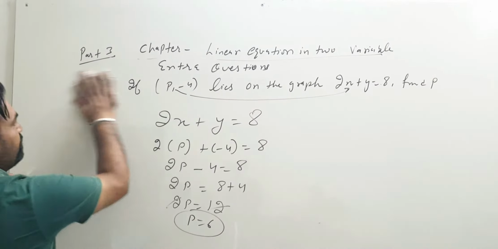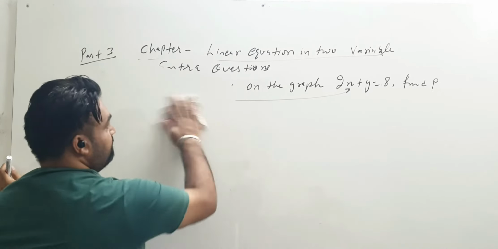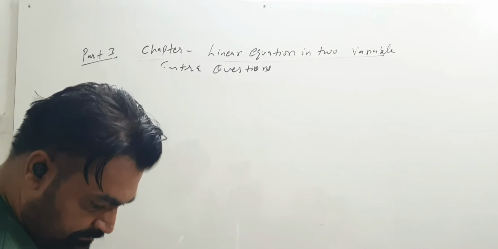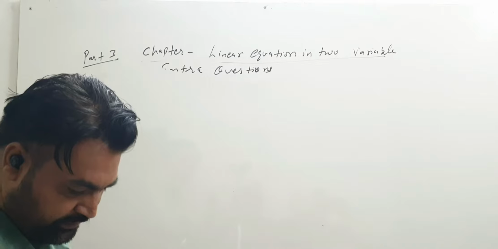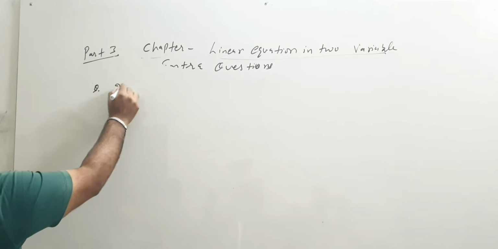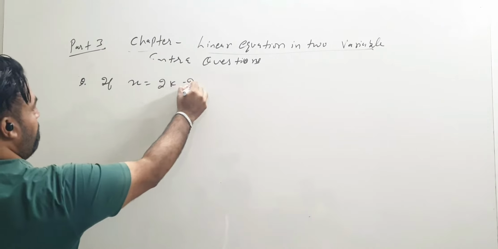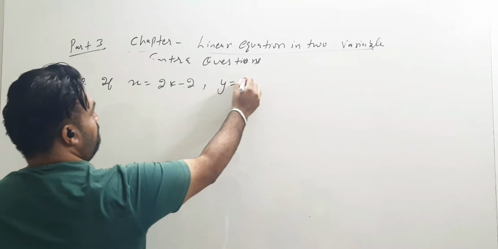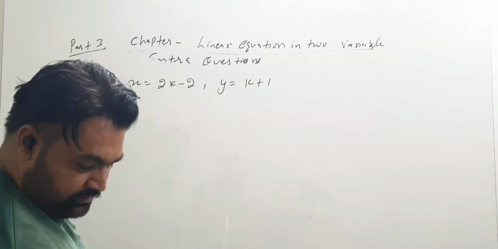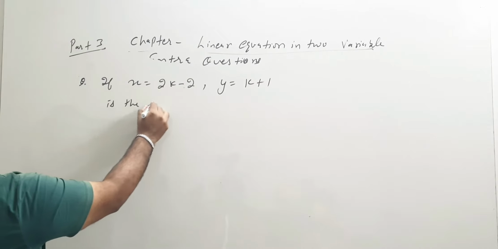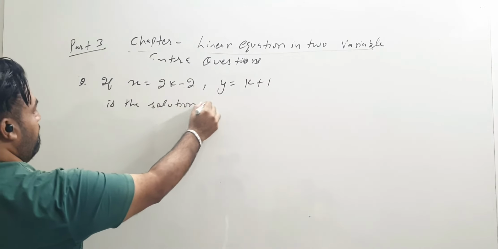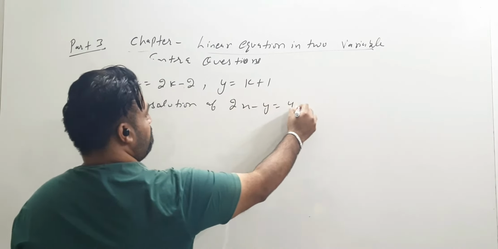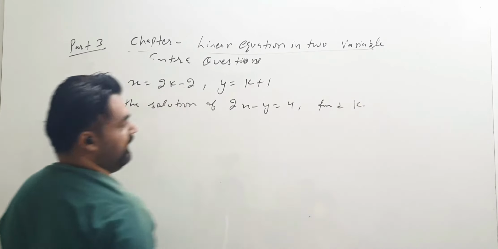Now shift to the second question. The second question is, if x equals to 2k minus 2, y equals to k plus 1 is the solution of 2x minus y equals to 4, find k.